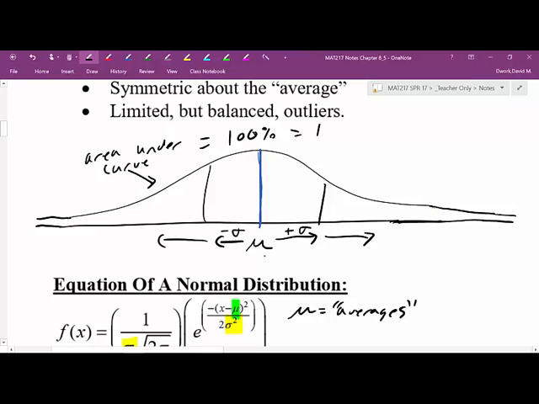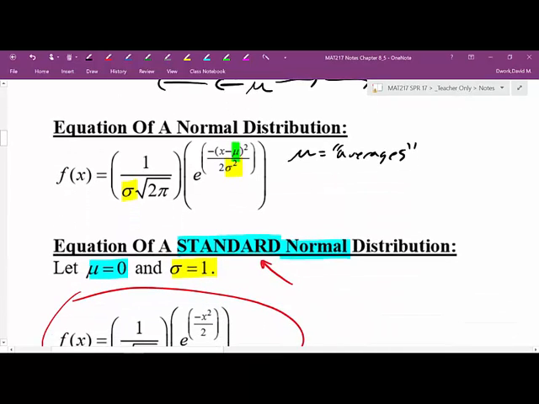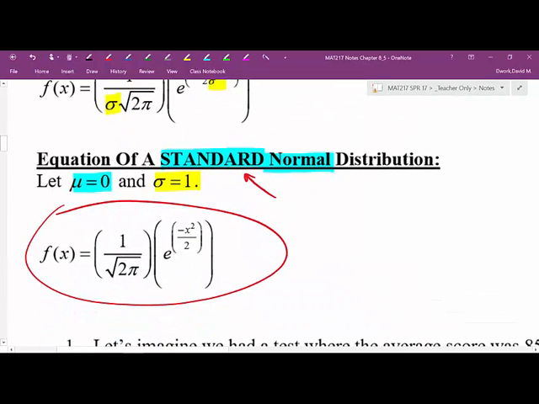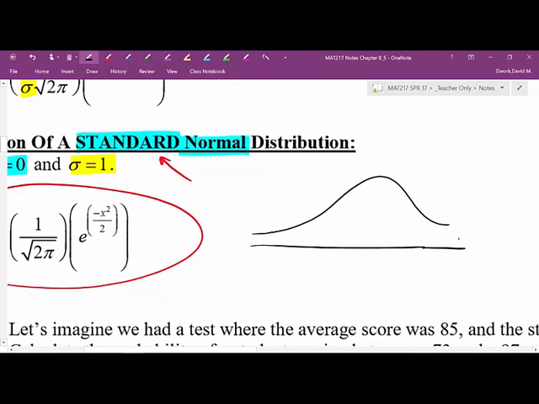The mean will be a different number regardless. So you could be talking about average shoe size or average test score, and the standard deviation will change with it. Okay, with the standard normal curve, it has a slightly different meaning, a slightly different idea. What we're going to do here is we're going to say, well, regardless, I'm just always going to make my mean be 0.